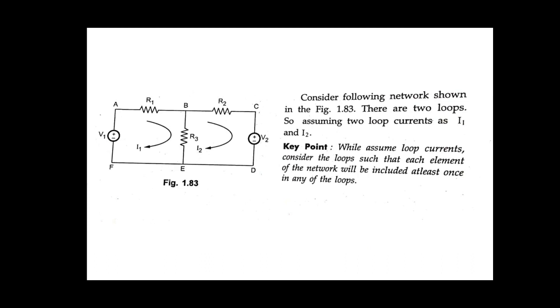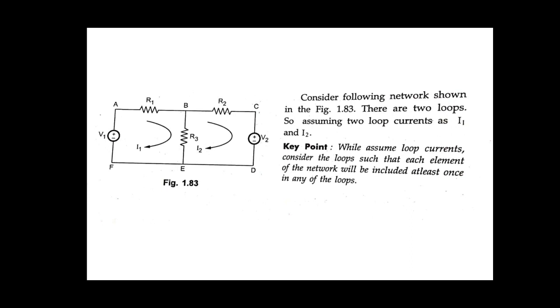The loop current I1 flows through loop 1, that is A, B, E, F, A, and loop current I2 flows in loop 2, that is B, C, D, E, B. Here we are assuming I1 and I2 for the two loops.